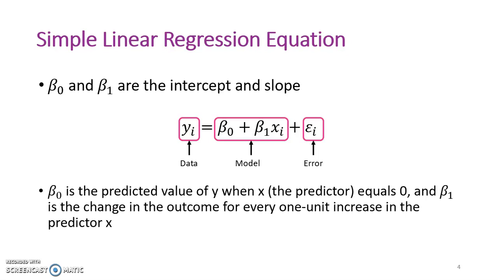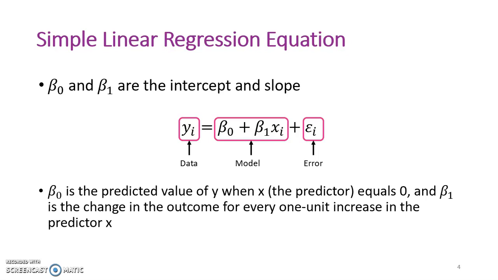The slope maps on to the single continuous predictor x. So x sub i is some score on the predictor variable for each person. And then we've got, of course, the leftover error. So the model portion of this equation within this framework is the intercept and then the slope multiplied by the continuous predictor.